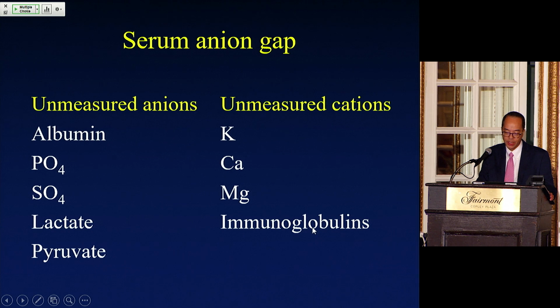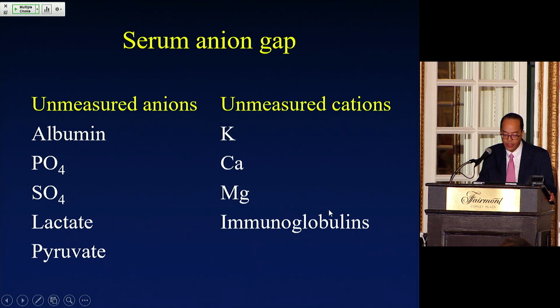So what are these unmeasured anions and cations that you're indirectly measuring by estimating the serum anion gap? Well, they're shown here. Unmeasured anions: albumin, phosphate, sulfate, lactate, pyruvate, other organic anions. Unmeasured cations are shown here.